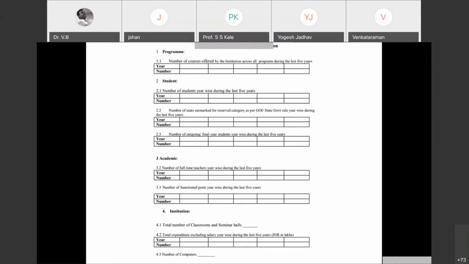So in question number 1.1, we will be entering the number of courses offered by the institution. Say for example, if it's an arts college, you have BA English, BA Tamil, BA History, BA Hindi, BCom, BSc, so many programs, and under each program, for example in the case of BSc Mathematics, the number of subjects that a student studies, that's what we mean by the number of courses.